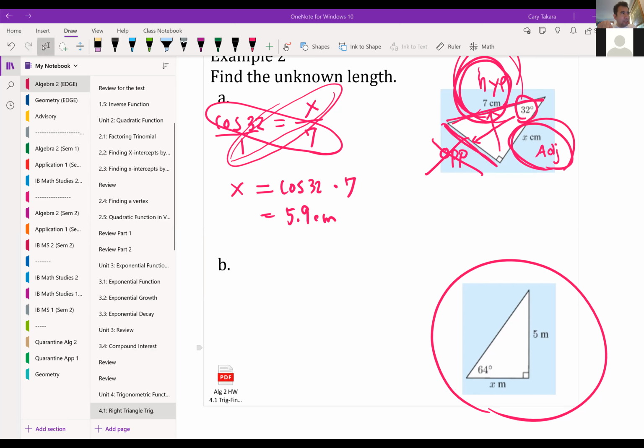I'm going to label the triangle first, and then I'm going to set up an equation. Again, I'll start with the opposite. Always start with the opposite, then hypotenuse, and then adjacent.